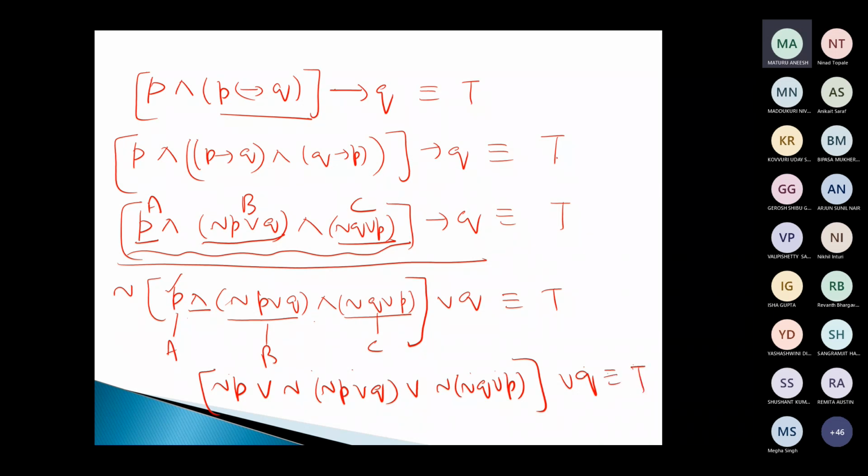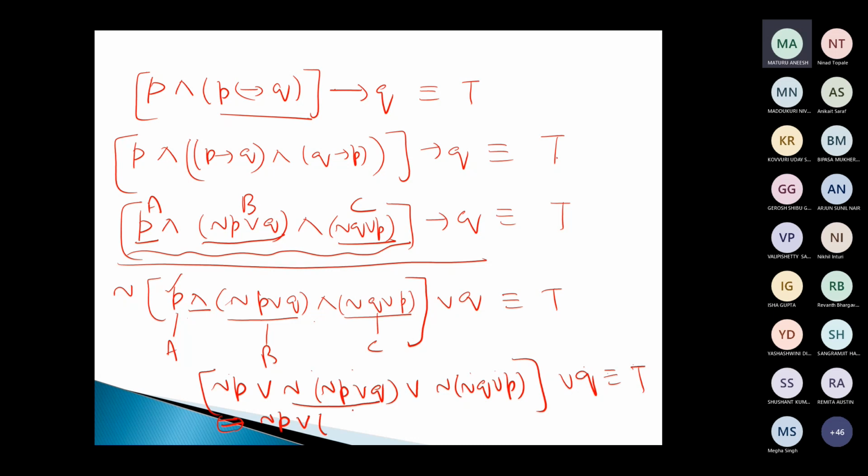Ma'am, in that B, it should be P and not Q. We are applying De Morgan's law, no, ma'am, here? I didn't apply inside. I have to apply. That's why I put a bracket. Yes, ma'am. I am going to apply. So this is equivalent to not P or, now you apply De Morgan's law.